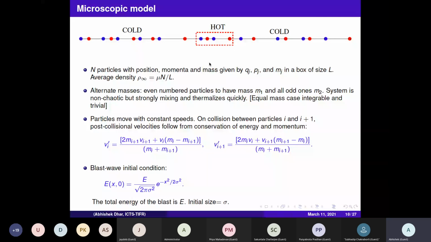This is a small number of particles at the center. Now we let this system evolve following Newton's equations, and we see how the fields evolve.